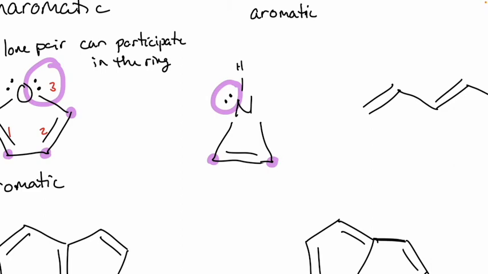No. Because that would bring me to 4, or 2 pairs of electrons. So is it anti-aromatic or non-aromatic? Non, right? It's never going to be anti-aromatic with the lone pairs. It's just not going to put the pair in the ring. It's going to break the conjugation, making it non-aromatic.